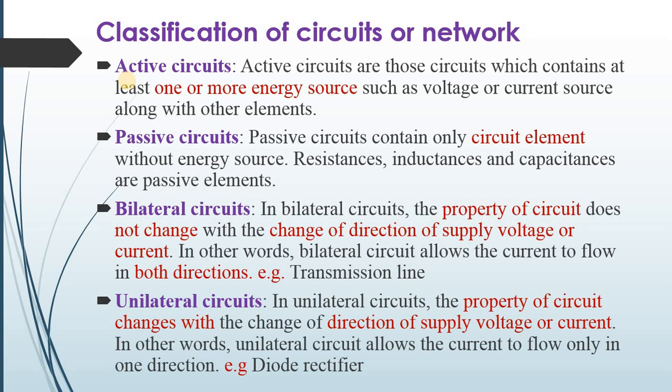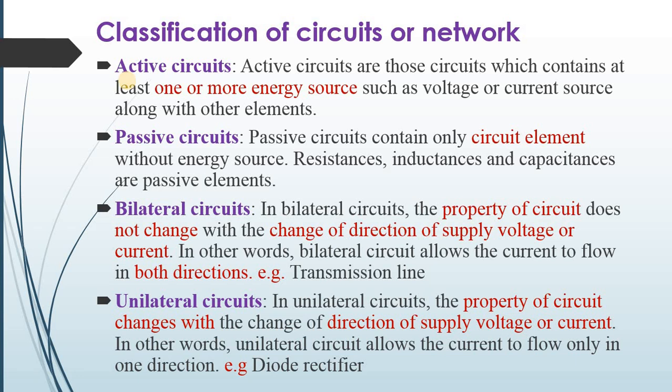The best example of a bilateral circuit is a transmission line. In that transmission line, when you supply voltage at any point, or get output from any point, these are not changed by the change in direction of supply or current.